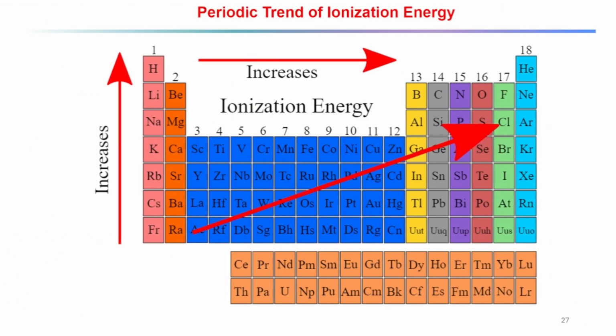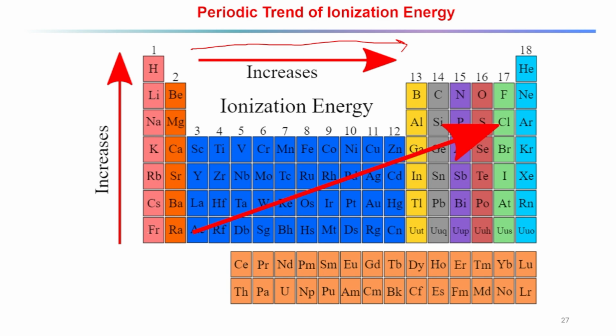Now let's see the periodic trend. I have already mentioned it. This is an upright property. If you see the periodic table, the ionization energy increases from left to right in a period, and if you go from top to bottom, the ionization energy actually decreases.